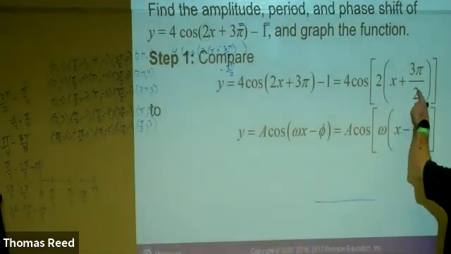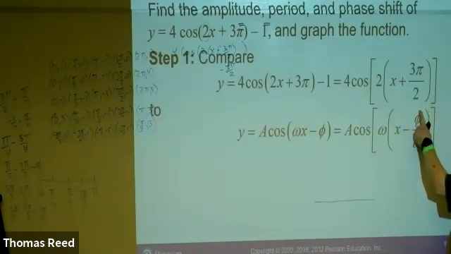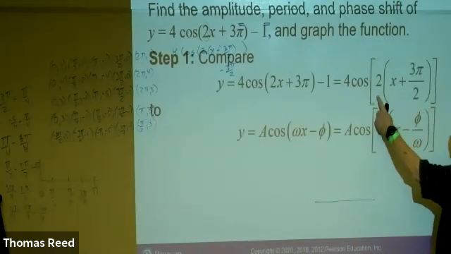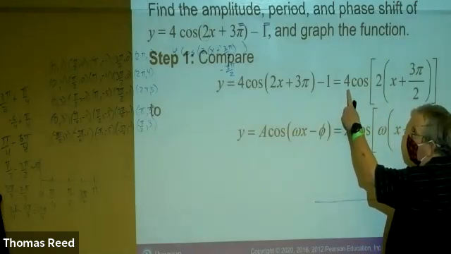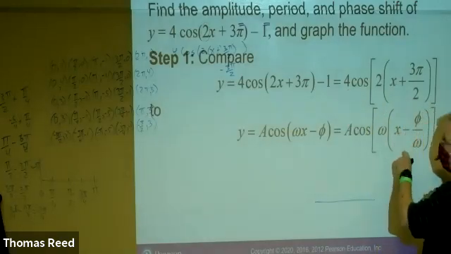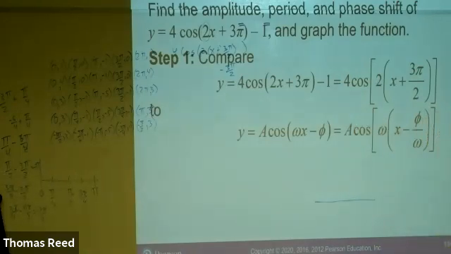So phi, which is a negative 3 pi over 2. Omega is 2. A is 4. And our vertical shift is a negative 1. They didn't have plus B here on the end.